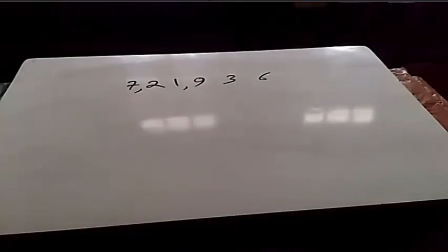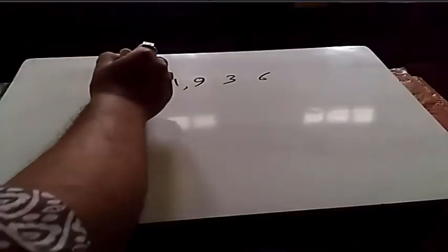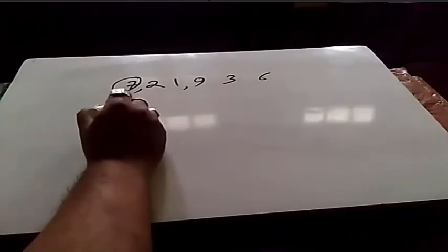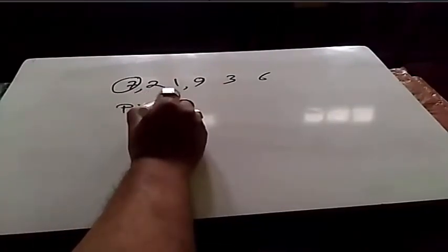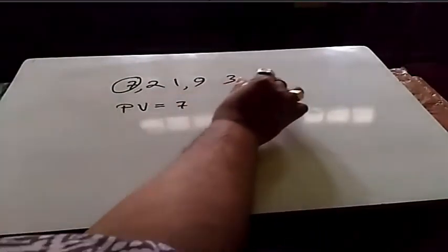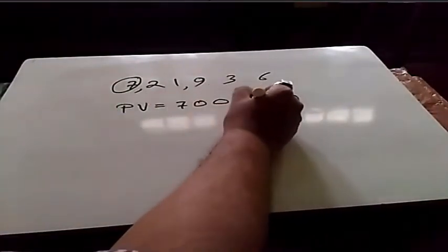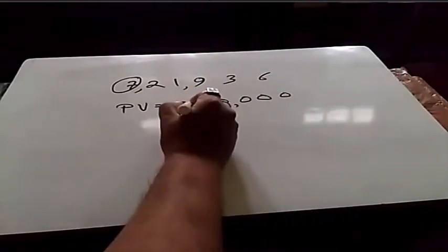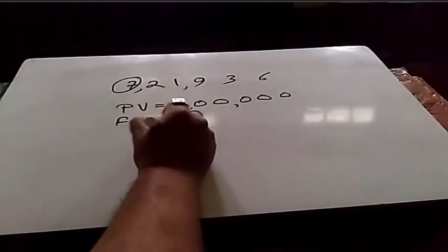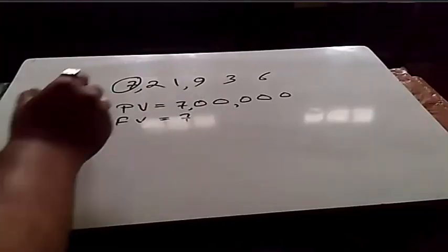So if you are asked to write the place value and face value of 7, the place value will be 7 followed by 1, 2, 3, 4, 5 zeros. And the face value will be 7 itself.